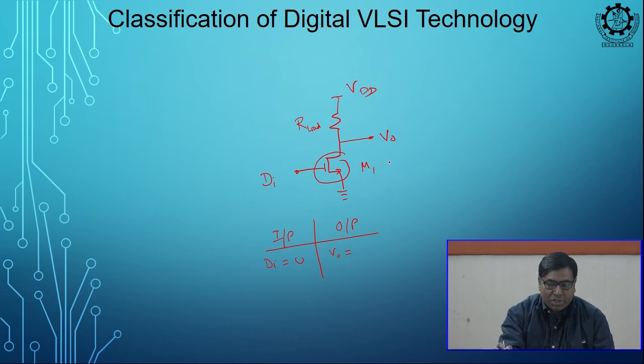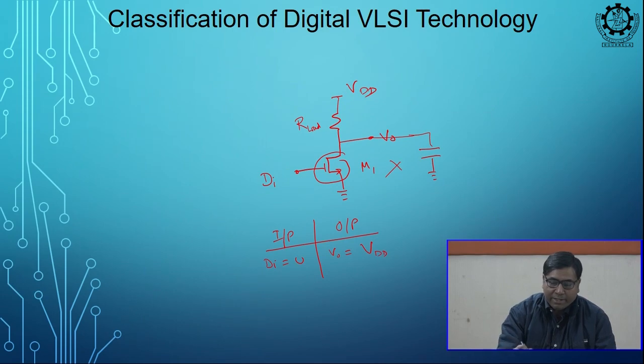0 means this MOS is off. So, through this path no current flows, and suppose this is a capacitive loading. So, no current flows, so this output will go to logic 1.